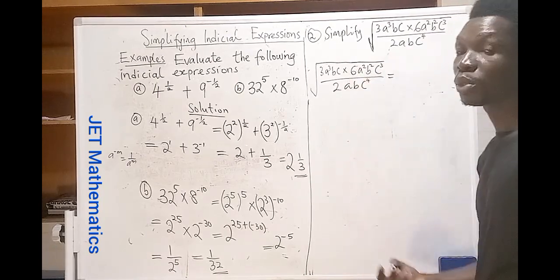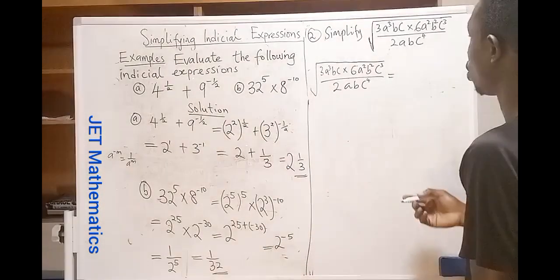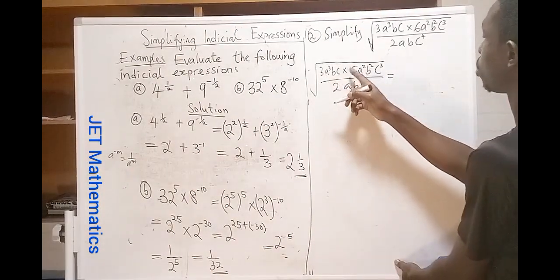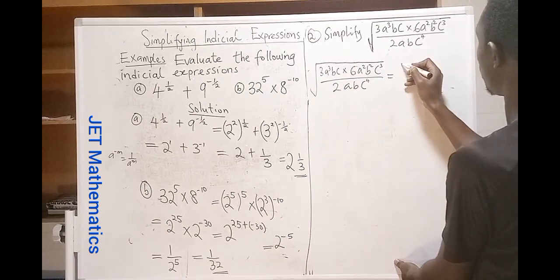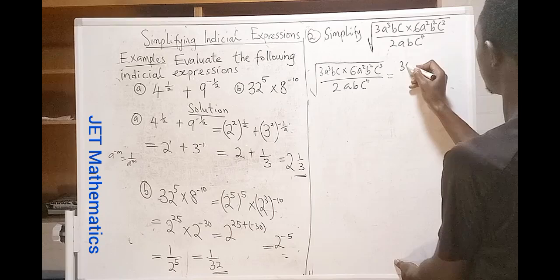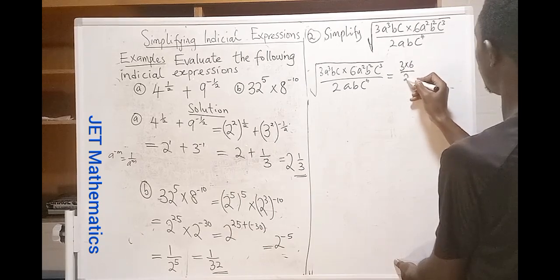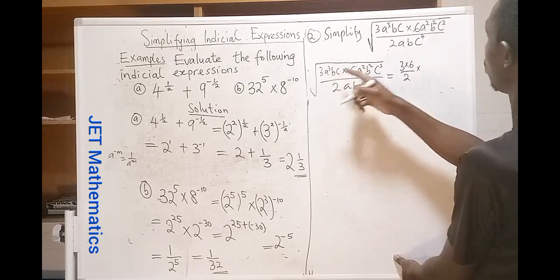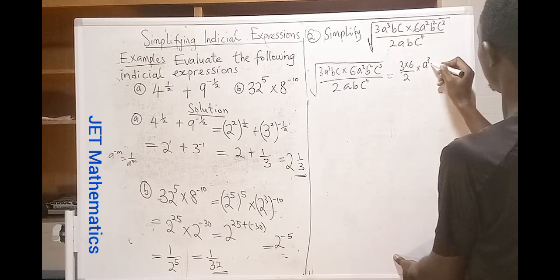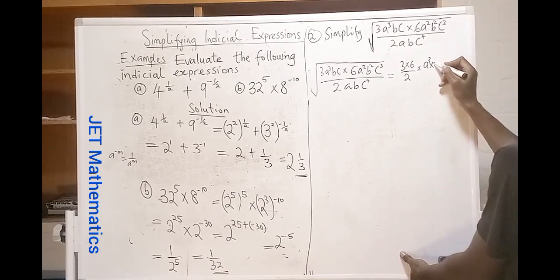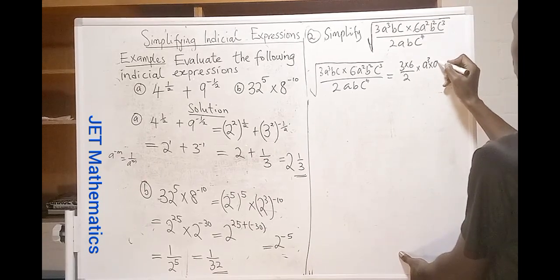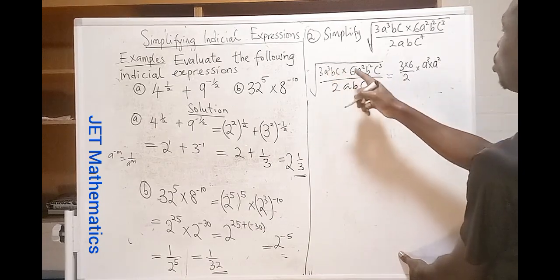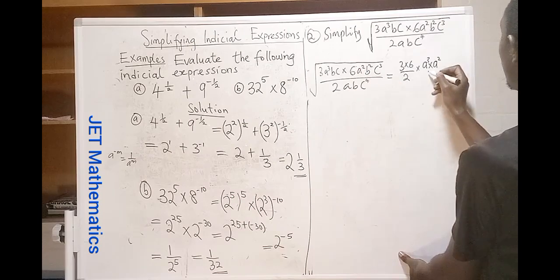All we have here is just multiplication and division, so it's very easy to solve. All we need to do is say 3 times 6 divided by 2. We'll write that here. 3 times 6 divided by 2 times, we take the a, we have a cubed times a squared divided by a.